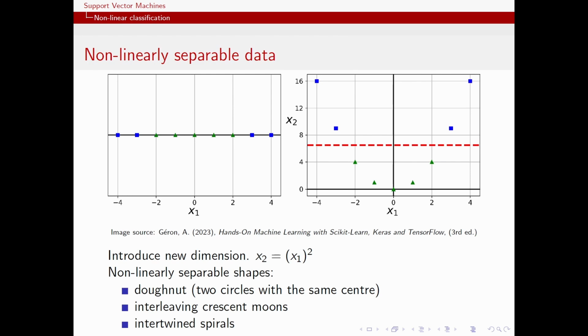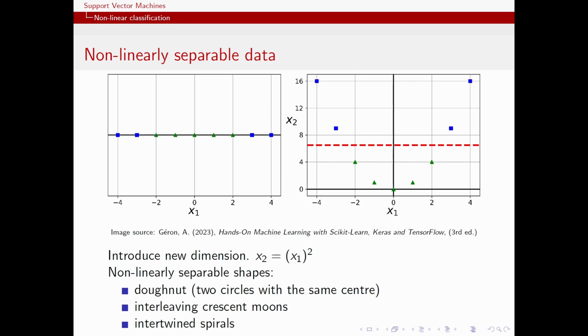There is also the commonly used example of crescent moons, and we will also look at some crescent moons in the coding example in the last video. Or we can have intertwined spirals or any other data that would commonly be present in a data set might not be linearly separable.